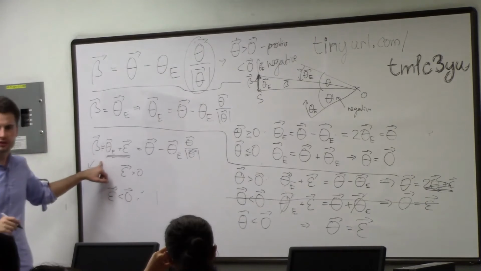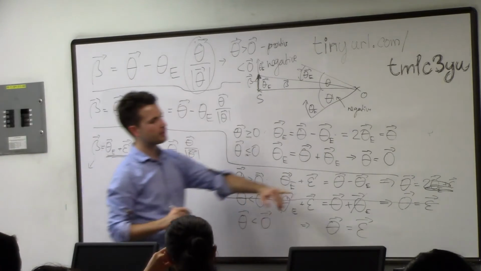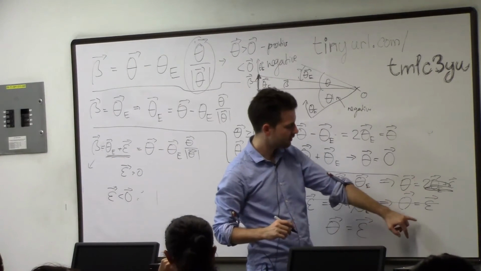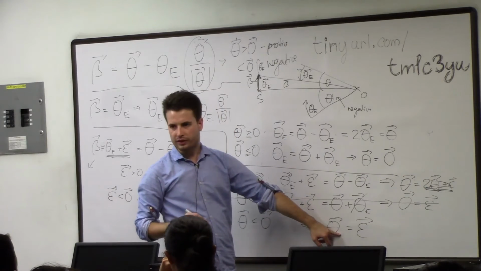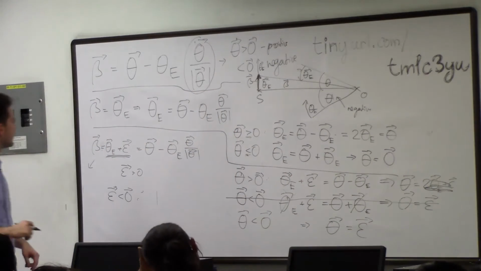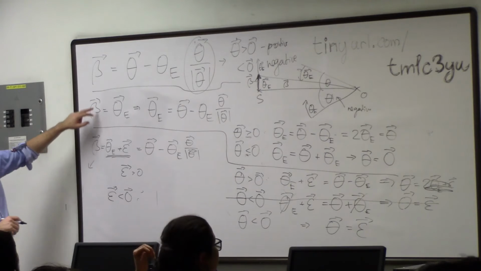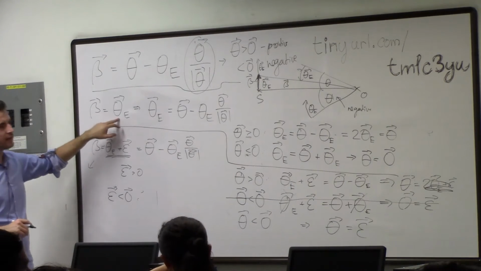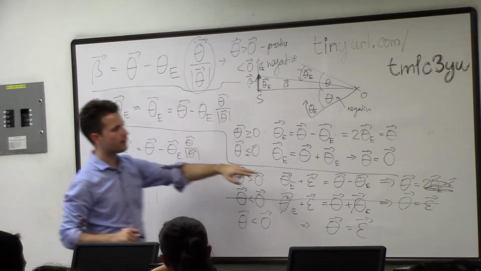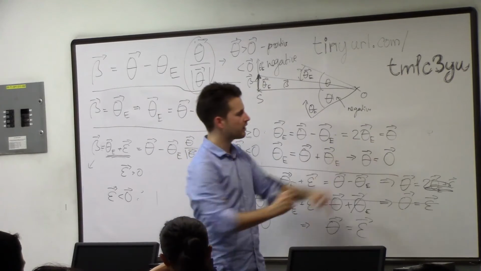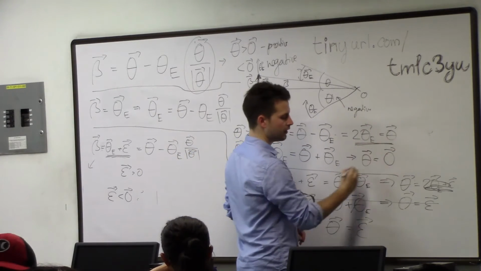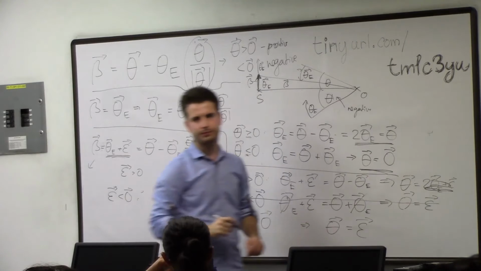If beta is smaller than the Einstein radius, we found that there are 2 solutions, the one over here and down over here, which is the negative one. And finally, we found that if we set beta equal to Einstein radius, that's the bordering case where one image forms at 2 Einstein radii and the other one forms at 0.